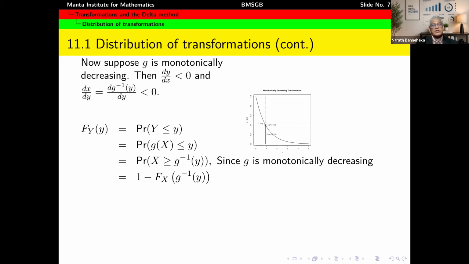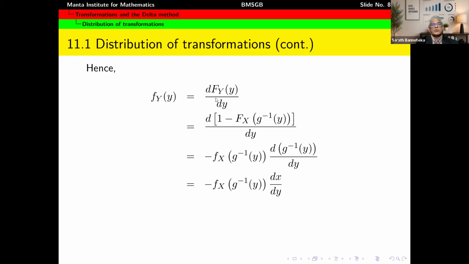Now, in this case, in order to get the density function, again, we have to differentiate this function with respect to y. In that case, you will get this expression. So you have to differentiate the cumulative distribution function with respect to y. That is differentiation of this 1 minus F of x with respect to y. So when you differentiate 1, of course, you get 0.